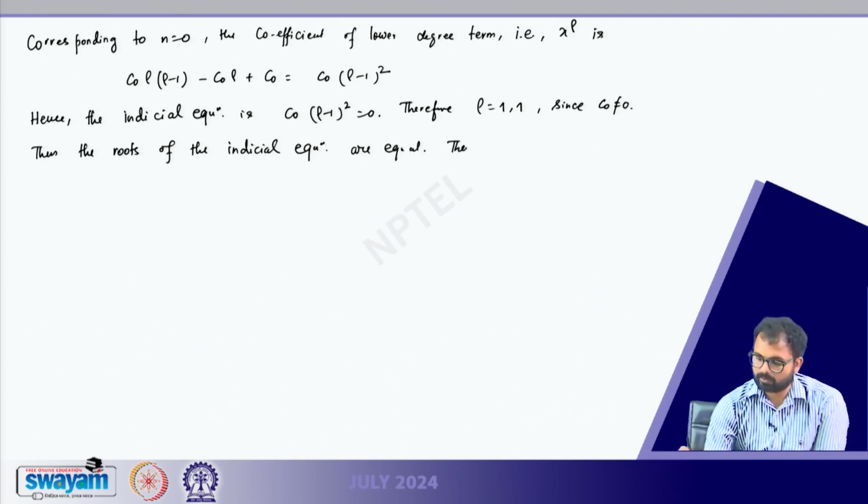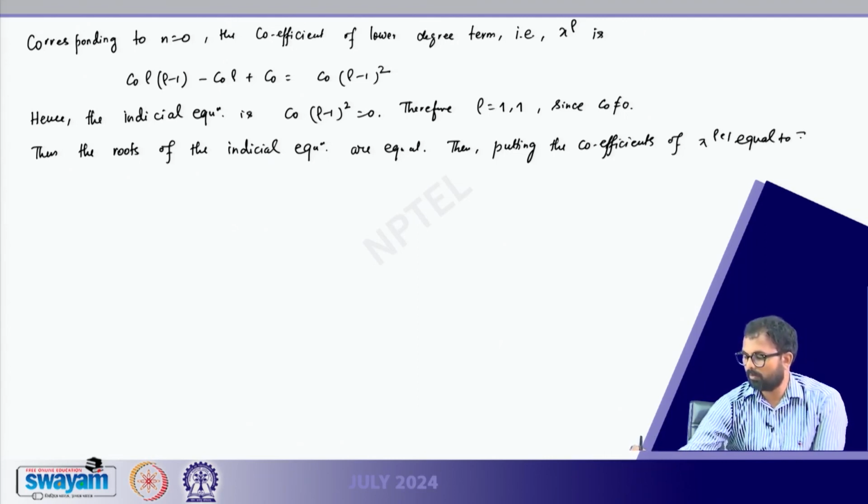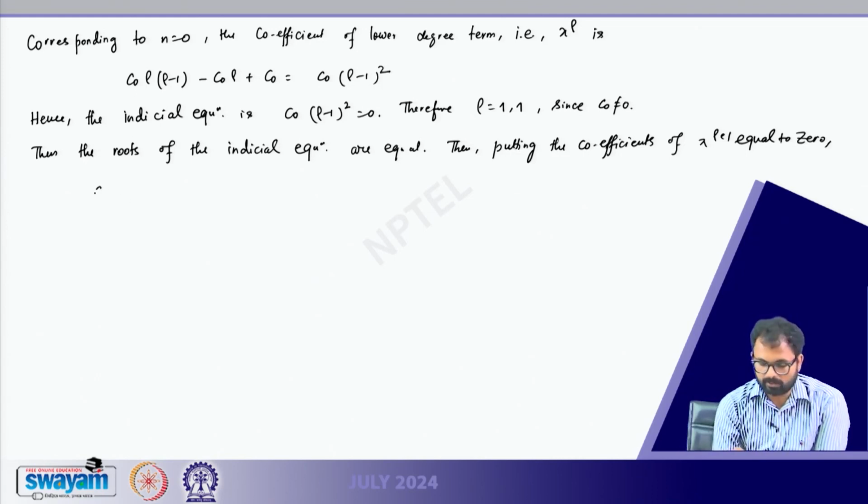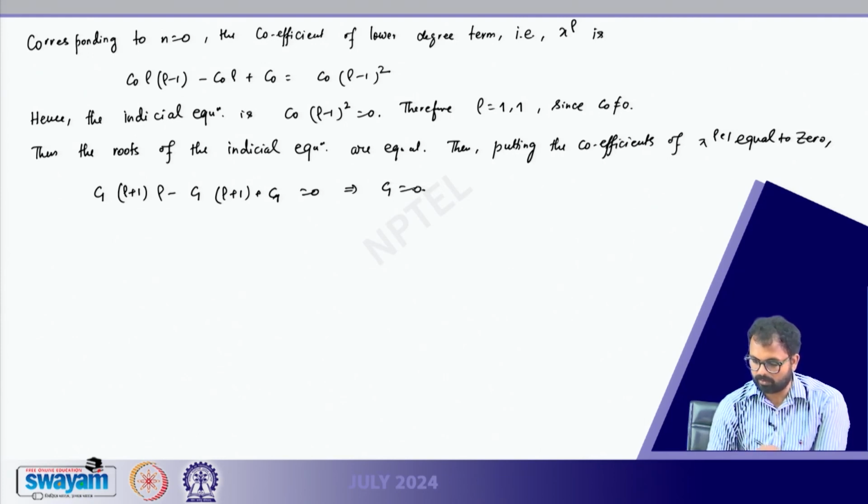Then putting the coefficients of x to the power rho plus 1 equal to 0, we get C1 (rho plus 1) rho minus C1 (rho plus 1) plus C1 equals to 0. So this gives C1 equals to 0, because if we put rho equals to 1, then in that case we will have C1 as 0, right. So basically it will give C1 equals to 0.